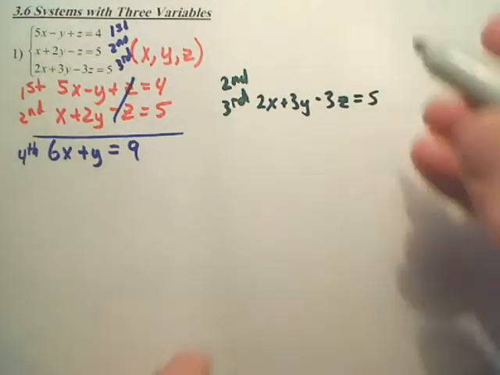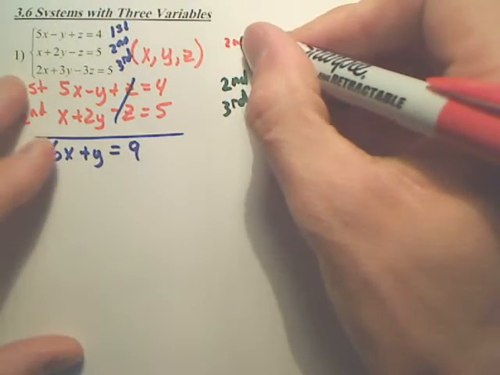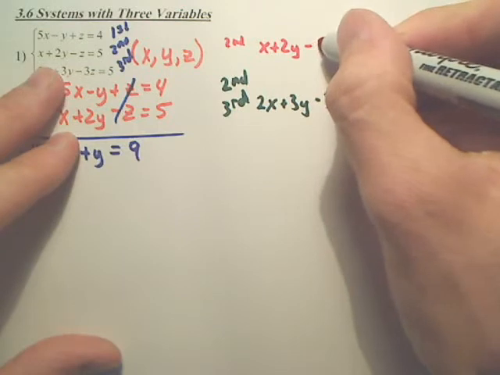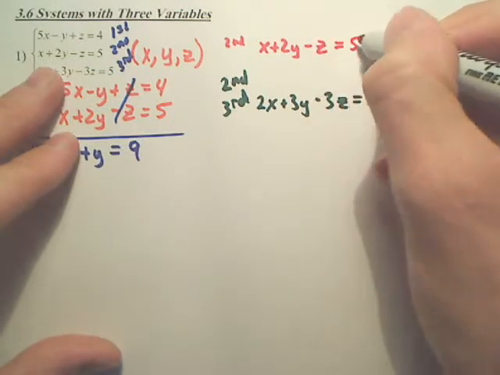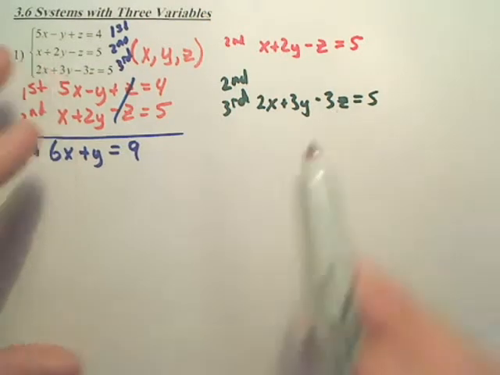But up here, I'm going to take the second equation and rewrite it. What do I need to multiply the second equation by so the z cancels out? That's my question.